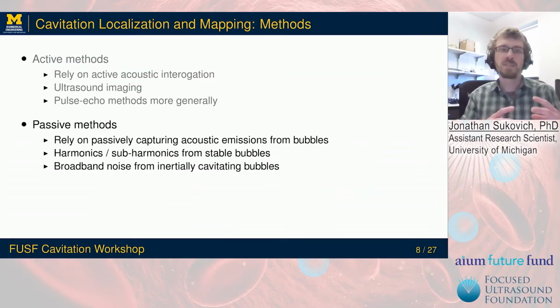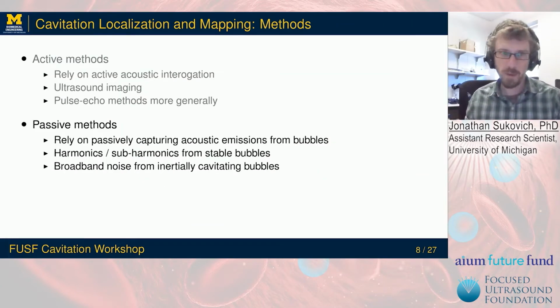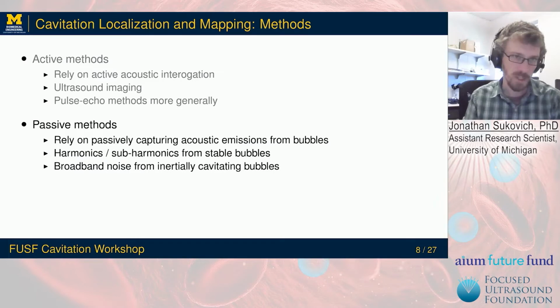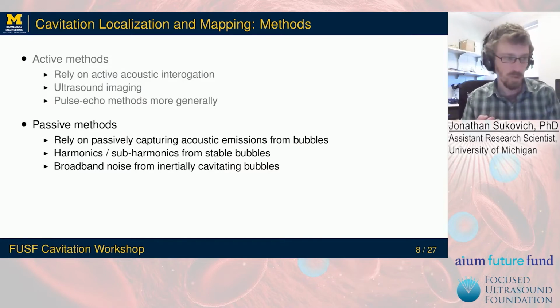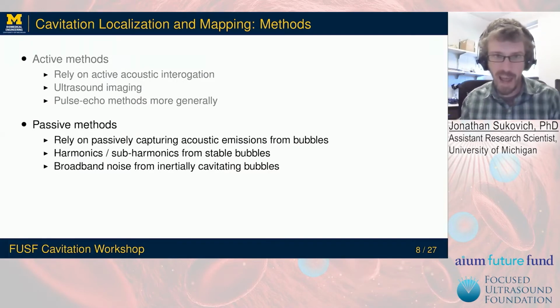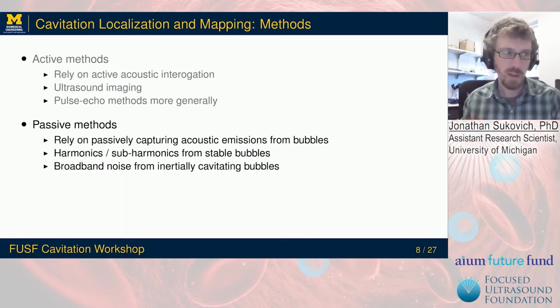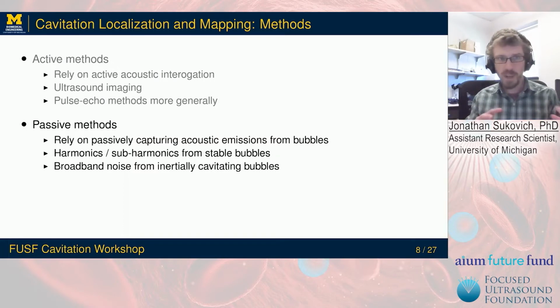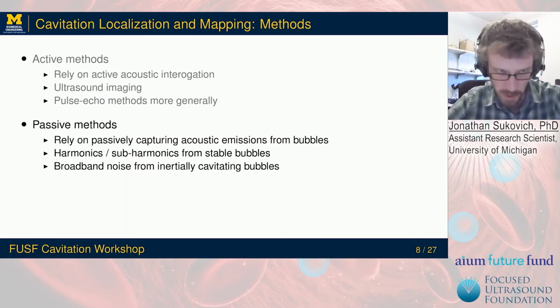But active methods have their drawbacks. For B-mode imaging or really any of these ultrasound imaging methods, you have to have a clear acoustic path to the target in order to see it. For instance, when we were doing the imaging in the brain, we had to do a craniectomy to remove the skull to open that acoustic path. Another issue is that the bubbles have to be large enough to be visible against the speckled background of the images, so you have to have a certain size bubble in order to do it.